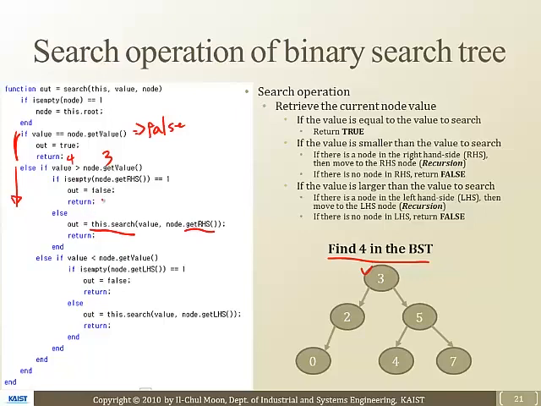For instance, 4 should be in the right hand side of this tree, but the right hand side is empty. In that case, there is no 4 in this tree structure. 3's right hand side is null. There isn't any.